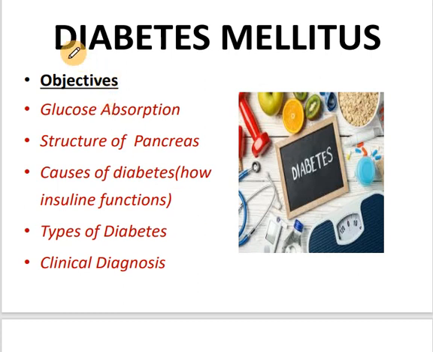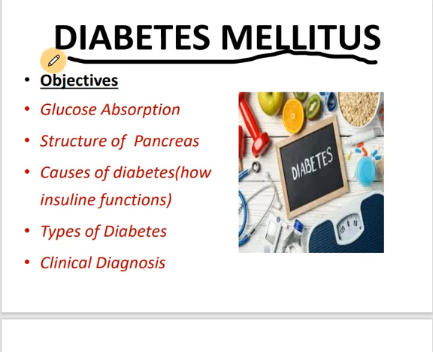So when you say diabetes mellitus, it is very simple. It's just any metabolic disorder that is characterized by a chronic increase in the blood glucose level, called hyperglycemia. So if a disorder leads to a chronic increase in the blood glucose level, then we call it what? Diabetes.